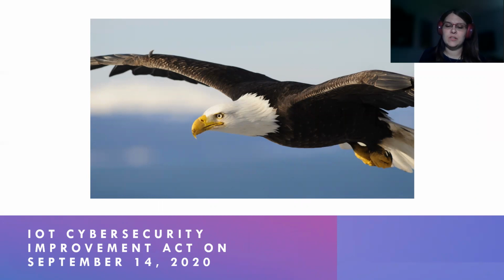This act orders the National Institute of Standards and Technology, also known as NIST, to build guidelines for the private sectors that have contracts with federal agencies, and the federal agencies. NIST will work alongside experts in the field of IoT and cybersecurity to provide guidelines on IoT devices to ensure the protection of agencies and their contractors. These guidelines will then be reviewed on a 5-year basis and updated.